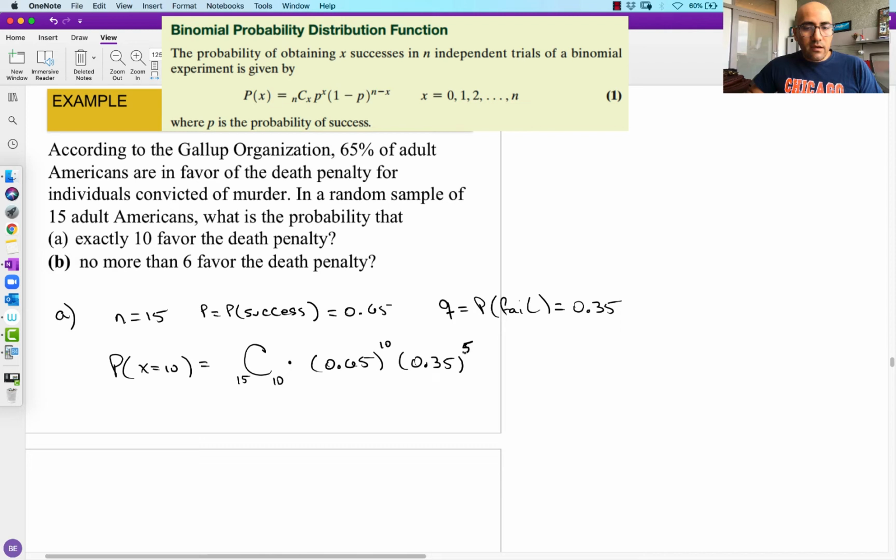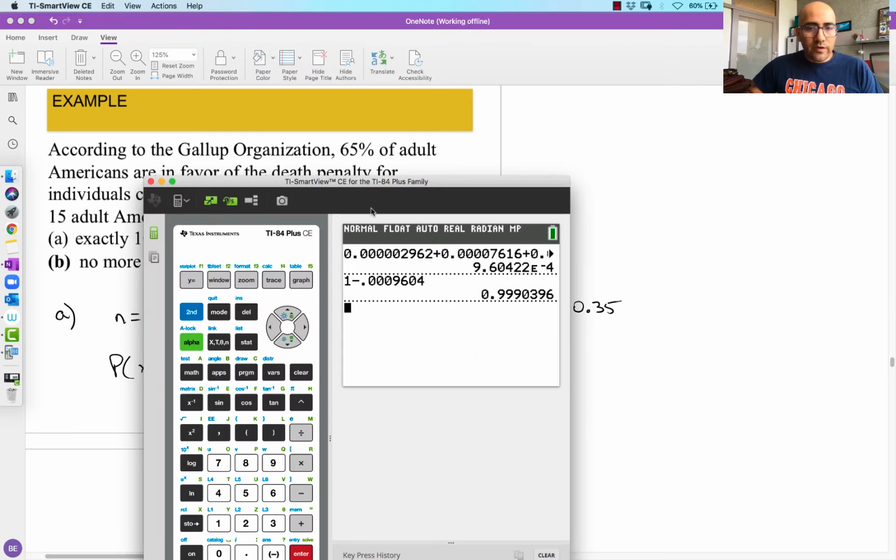And then 5 failures, right? And we multiply these two things together. And then this number tells us how many ways there are to find 10 successes amongst 15 trials. Good. Okay, so now that we have our formula, we can use our calculator to find this result.